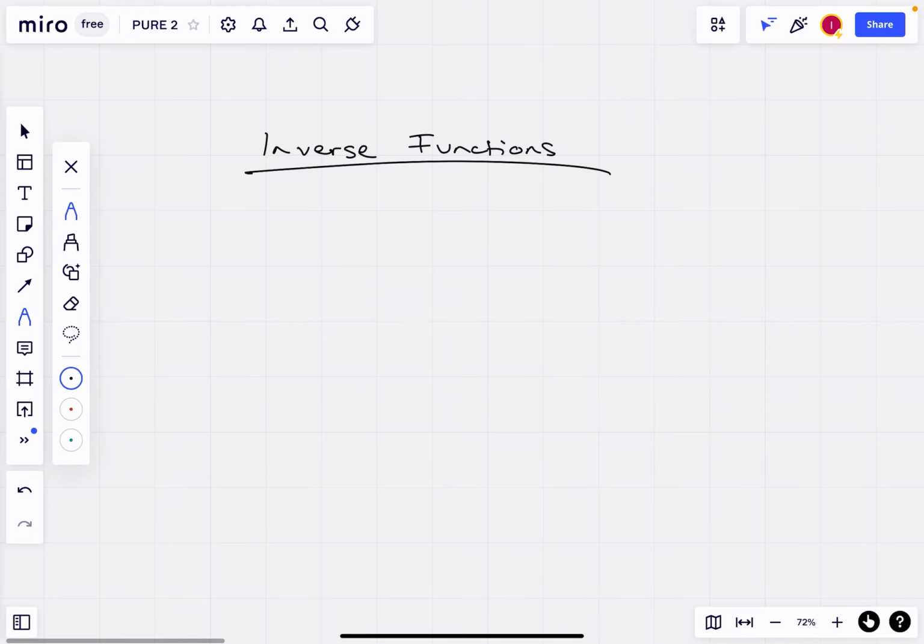If the notation for a function is f(x), the notation for an inverse function is f to the power of minus 1 of x, okay?